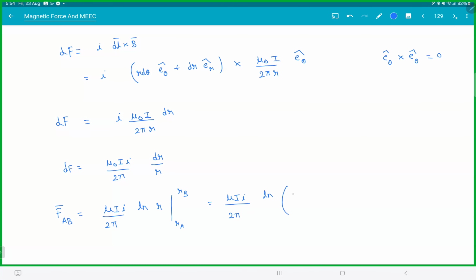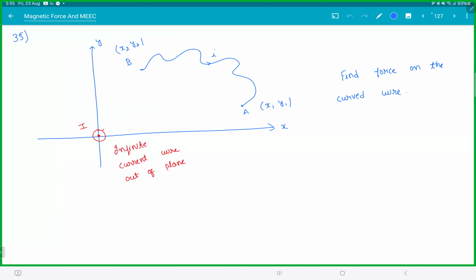That is nothing but root over x2 squared plus y2 squared by root over x1 squared plus y1 squared. So what matters is only the distance from the corners. It doesn't matter what direction it is in or what the shape of the wire is, where Ra and Rb are simply these distances.